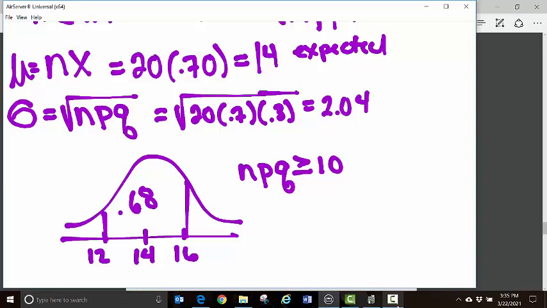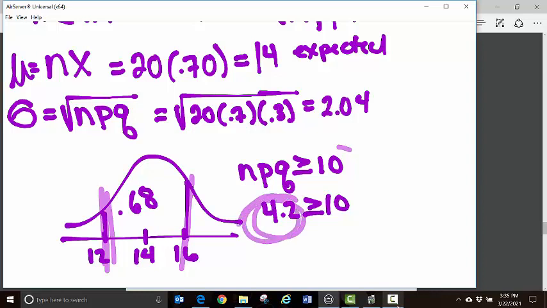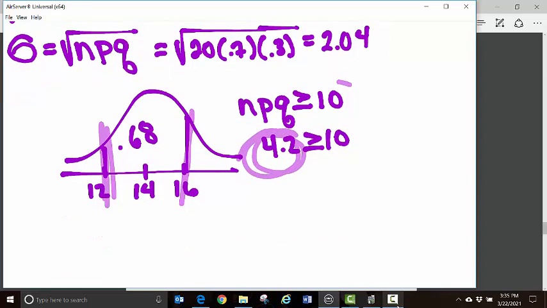And in this case, it's going to be 4 something. It's 4.2. 4.2 is not greater than or equal to 10. So if I found out the values between here and here, I don't know what it's going to be, but it's not going to be 68. If this number was bigger than 10, then I could have just done the problem as a normal instead.